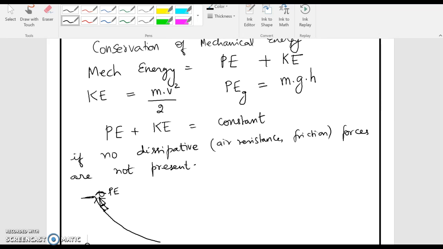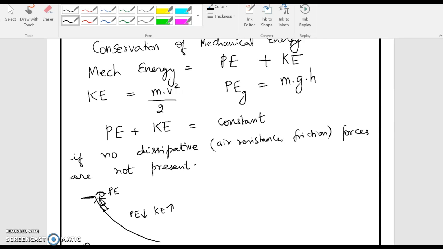As she slides down, the height decreases, so the potential energy decreases, and she gains speed, so the kinetic energy increases. So as she slides down, potential energy is being converted to kinetic energy.